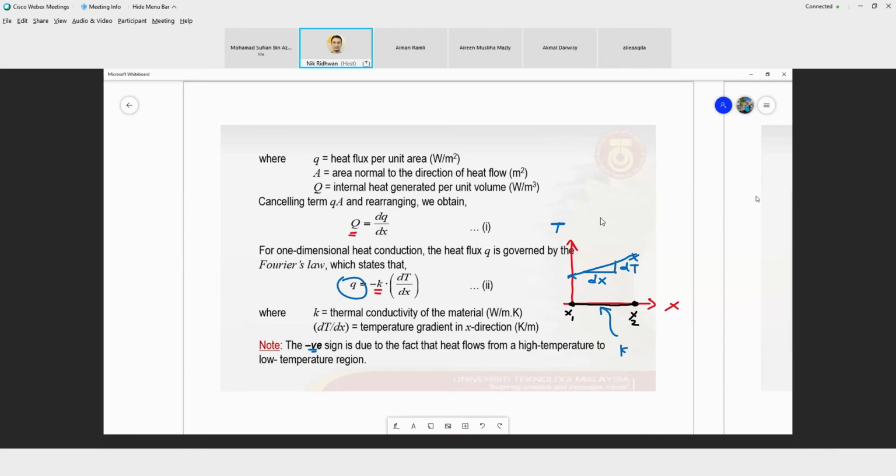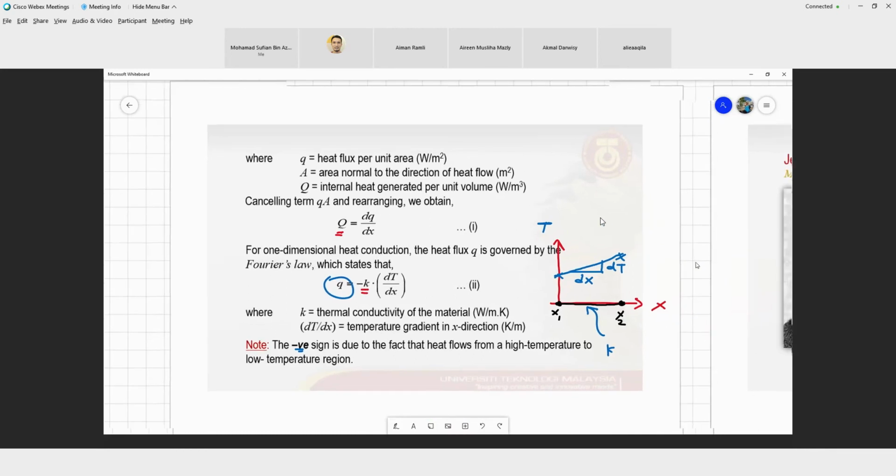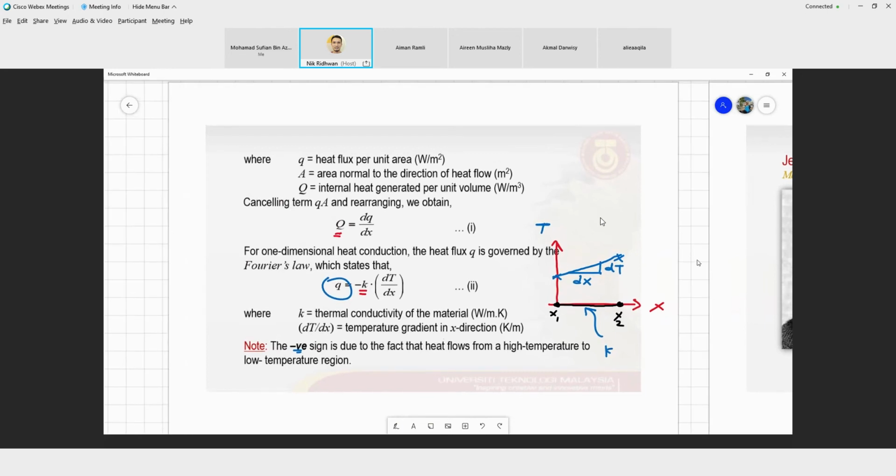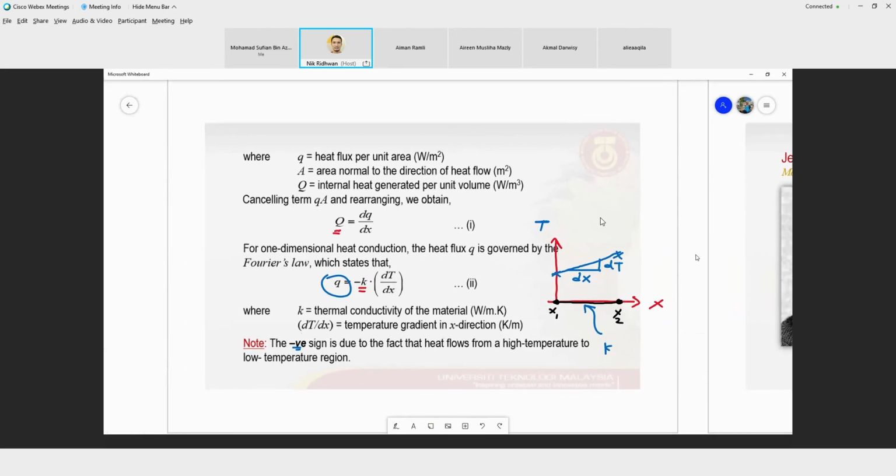All right, this is just a little bit of explanation of Q, the internal heat generated, and also the heat flux per unit area. Again, if you would like to go deeper into these definitions and explanations of internal heat generation and heat flux, then I recommend you review your thermodynamics and heat transfer courses.